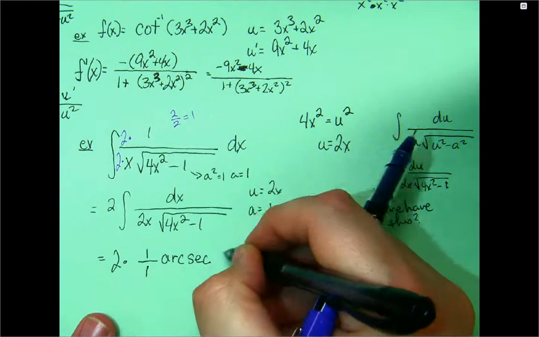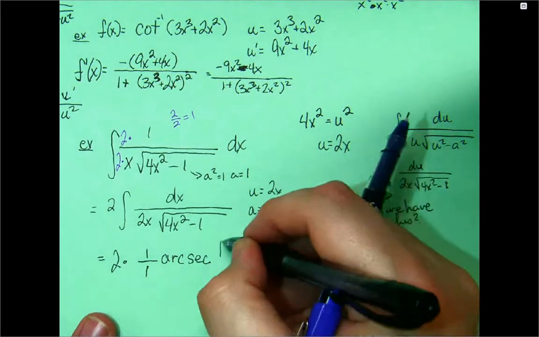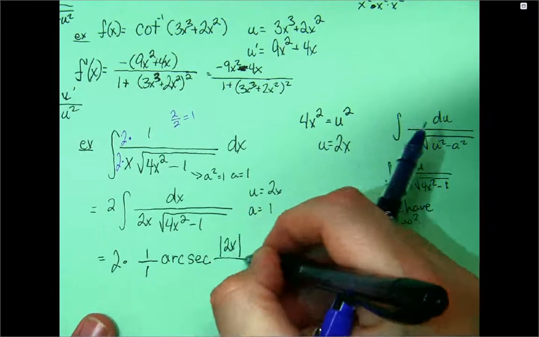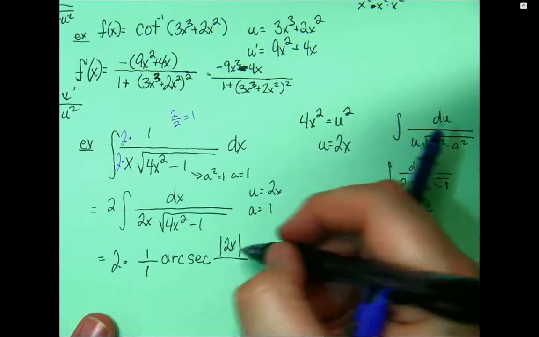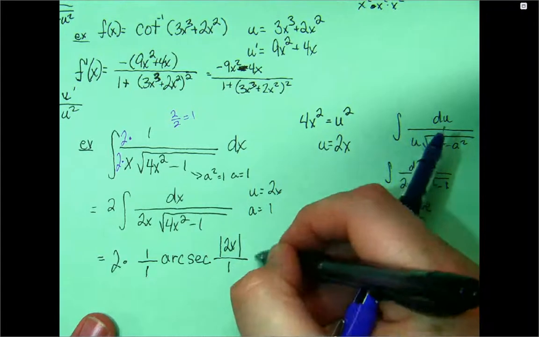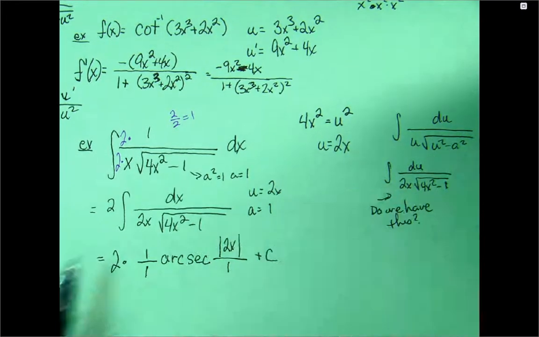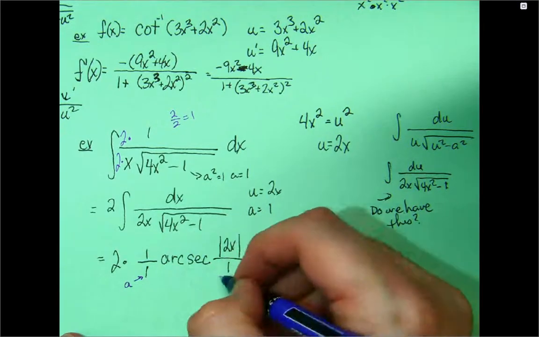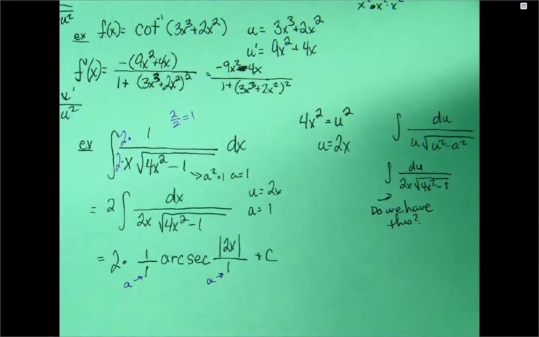So what was my u? 2x divided by a, which is 1, plus c. I'm just going to put in a different color that's an a, that's an a. Now, what's 1 over 1 times 2? 2. So this is 2.